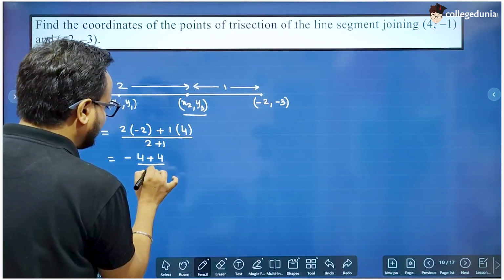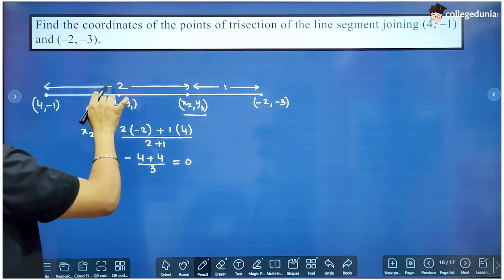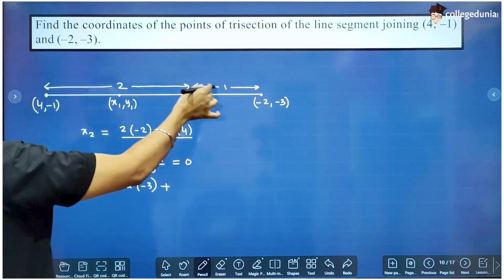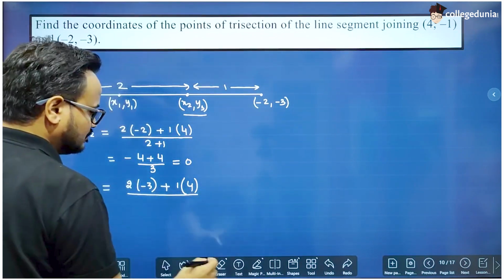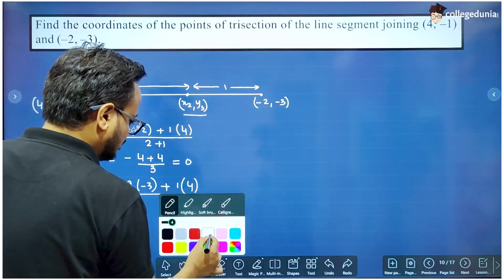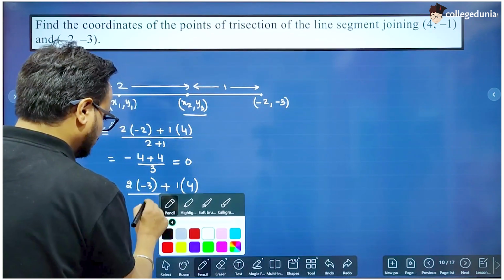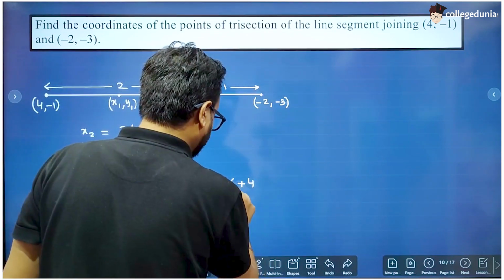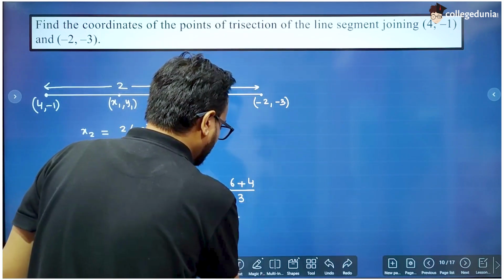minus 4 plus 4 divided by 3, that is 0, and y2 is 2 into minus 3 plus 1 into 4 divided by 2 plus 1, minus 6 plus 4 divided by 3, that is minus 2 by 3.